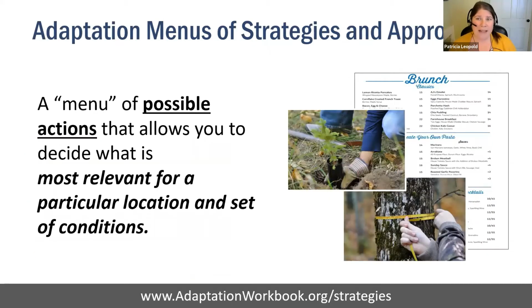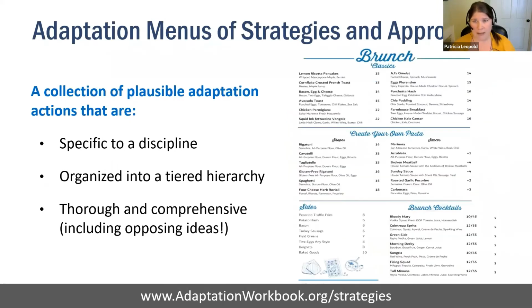You can find several of these adaptation menus embedded right in the workbook, and you can find even more on our website. These menus are an organized set of possible actions that you can pick and choose from in order to address a specific problem for your project.